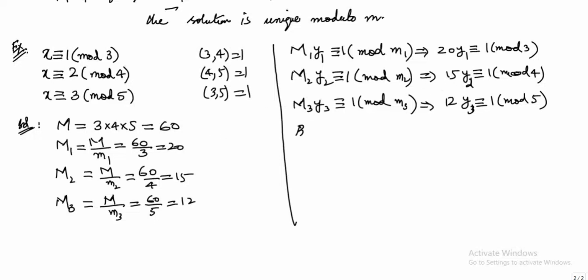By CRT, the Chinese remainder theorem, x can be written as the sum over i from 1 to 3 of a_i M_i y_i modulo m.